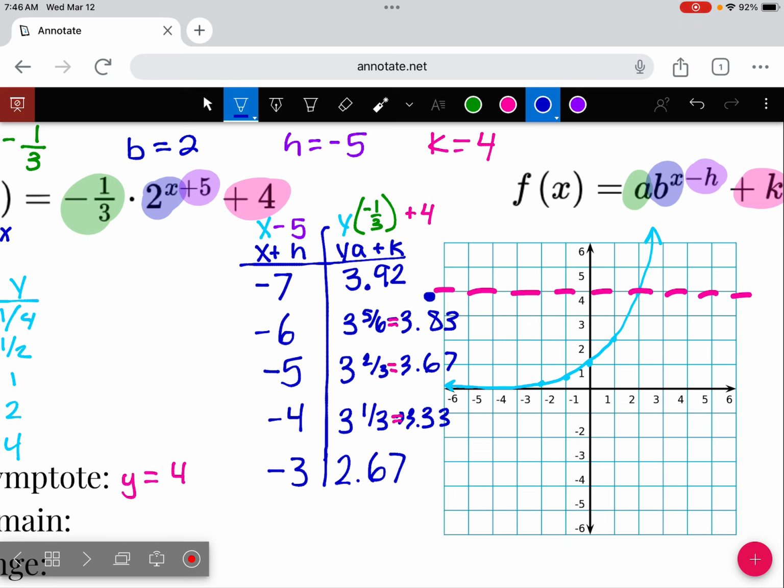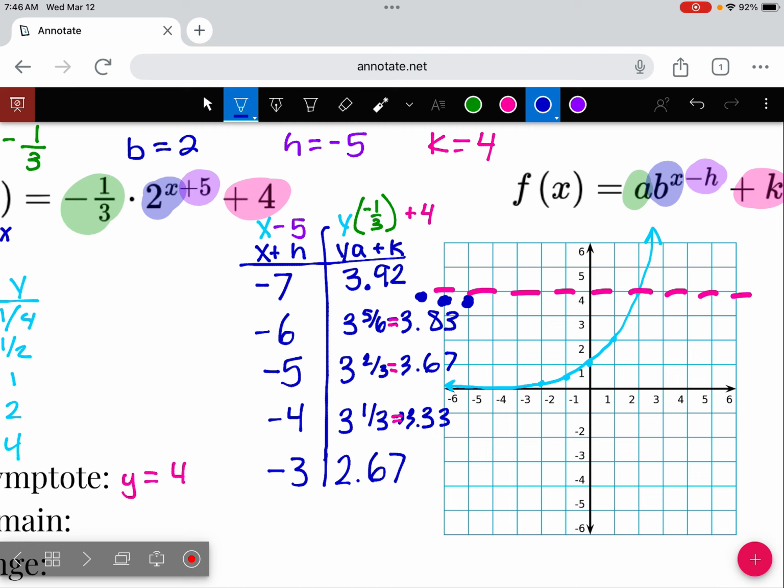I think I gave you guys at least big enough so you can have it, we have up to 10. Yeah, I can eyeball it over here. Our -6, 3.8. -5, 3.6. So these are all really close to that asymptote here.